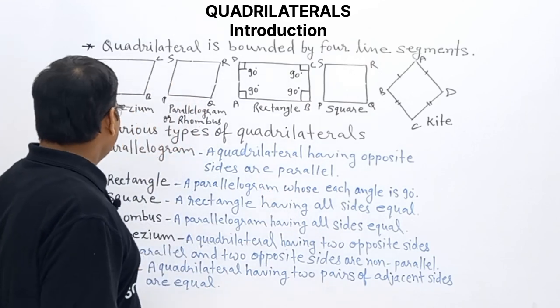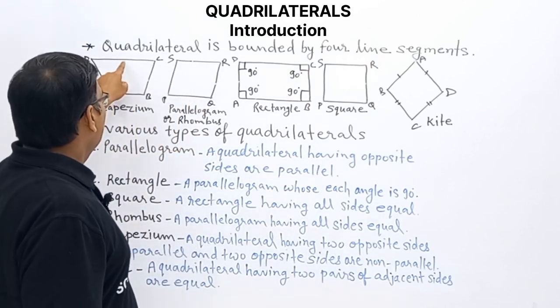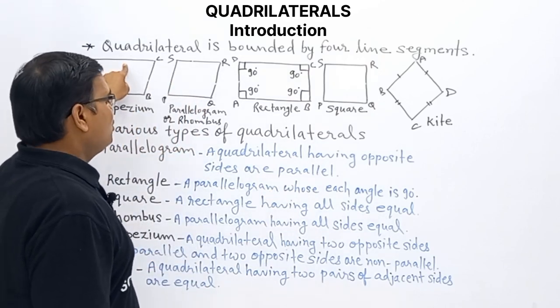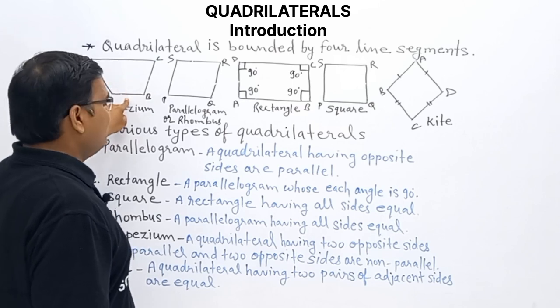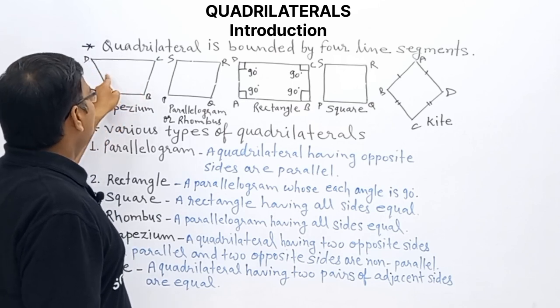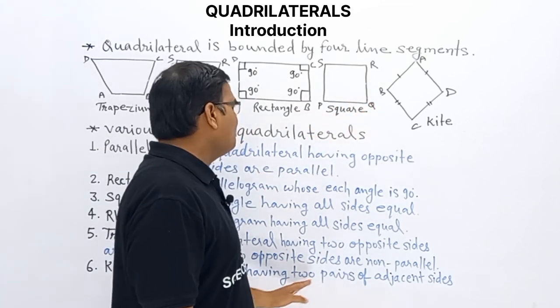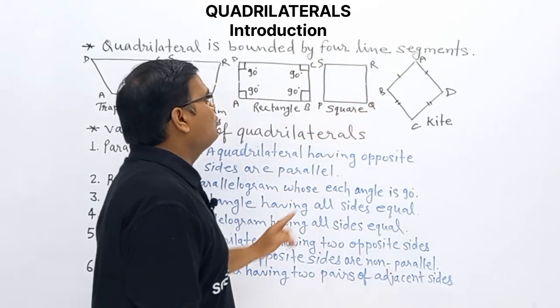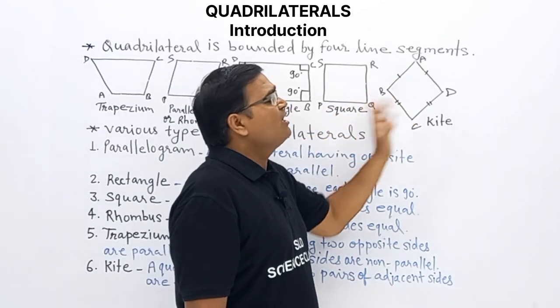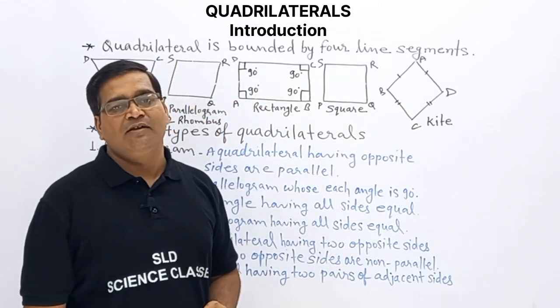Clear? Now next one, the trapezium, in which two opposite sides are parallel and two opposite sides are not parallel. And the kite, in which two pairs of adjacent sides are equal. This will be a kite.